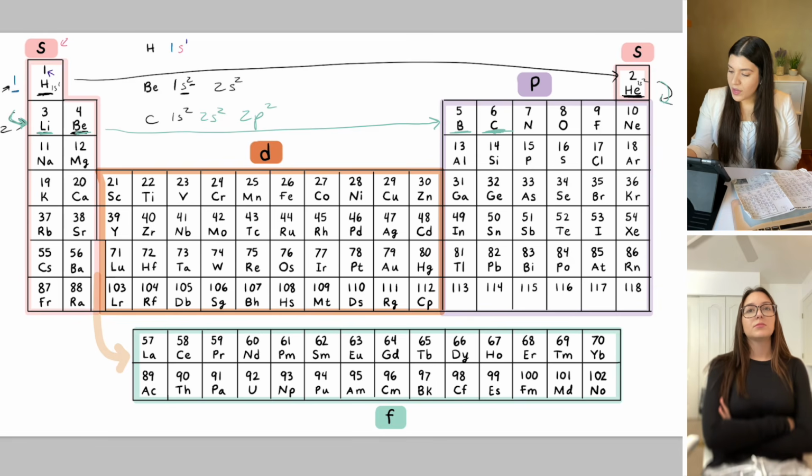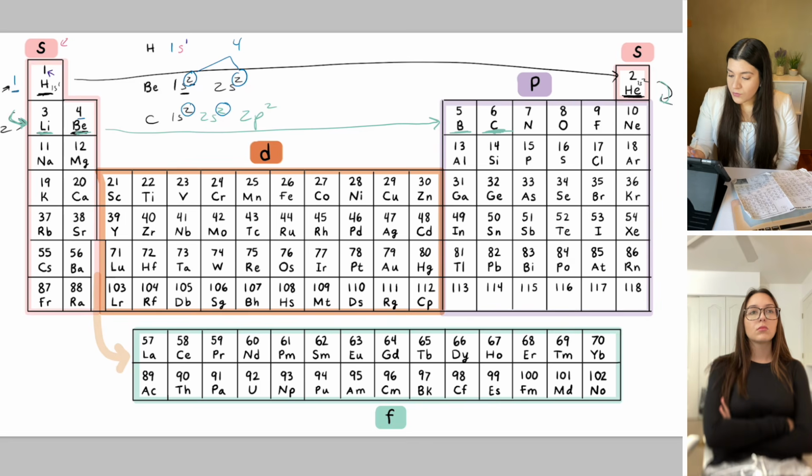So another thing to note is if we count the electrons, the superscripts here, that would give us the same amount of electrons as beryllium or whatever element we're looking for. So here, 2 plus 2 gives us 4. Beryllium has 4 electrons. And same thing here for carbon.